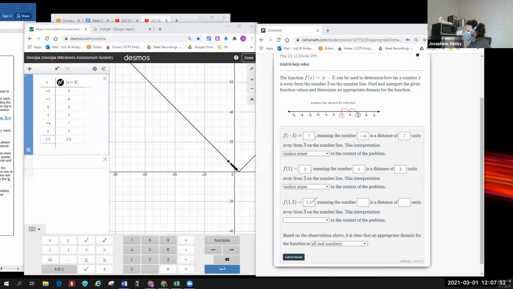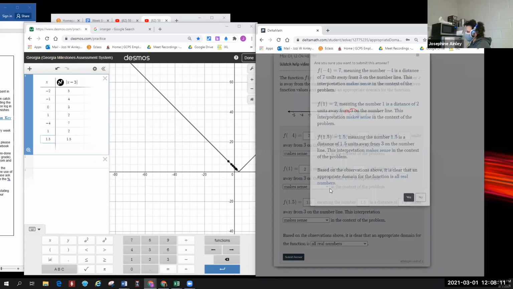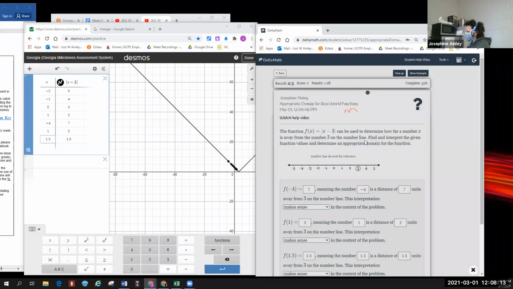All right, 1.5, right here, is a distance of 1.5 away. So yes, it makes sense. And all real numbers would be what I would go with for that question.